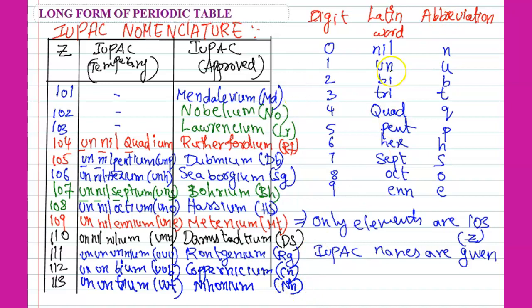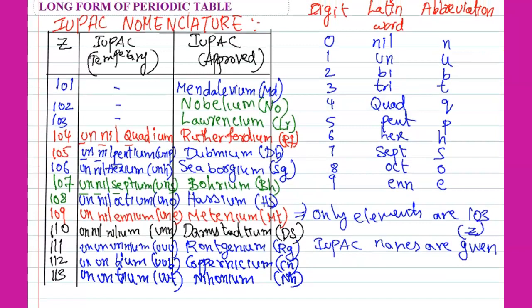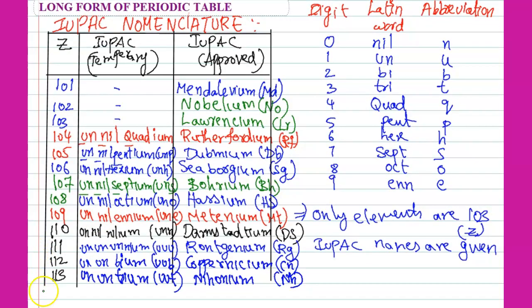Next 114 means unquadium, Uuq, which means Flerovium, Fl.